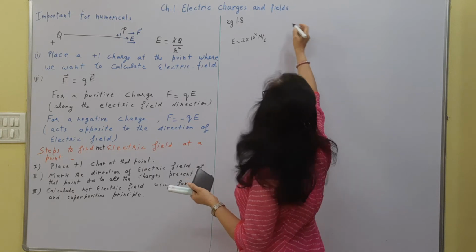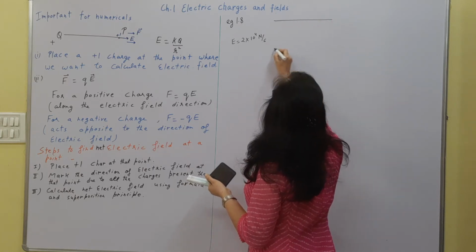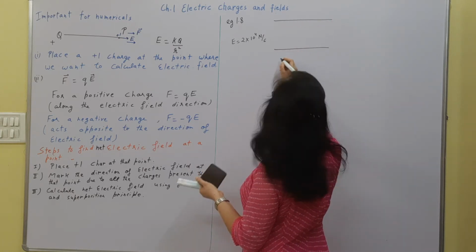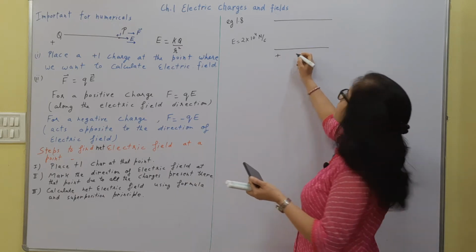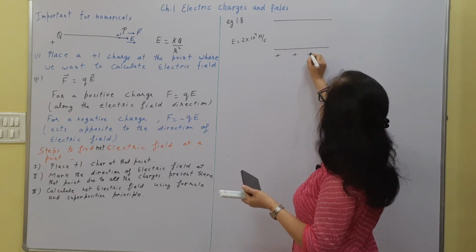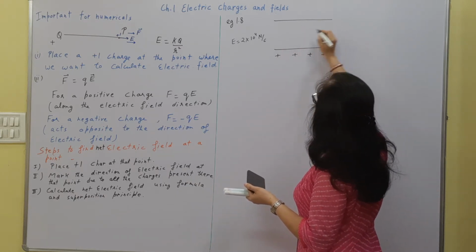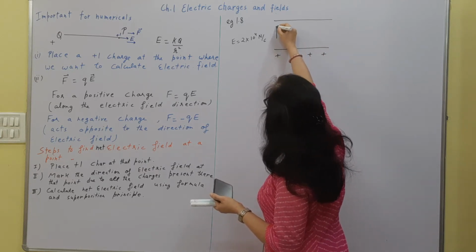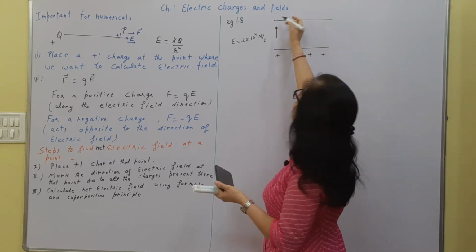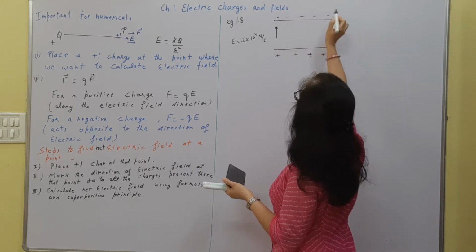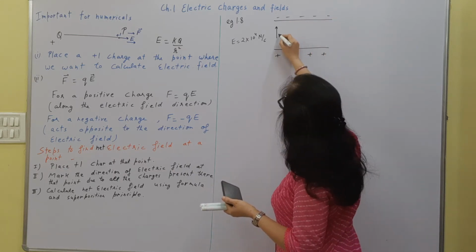They have given the figure. So in one case, they have given the figure like this. The electric field is in this direction because this is the positive plate and this is negative plate.